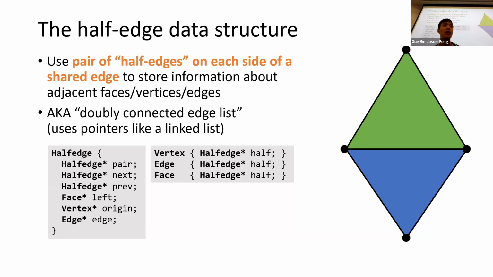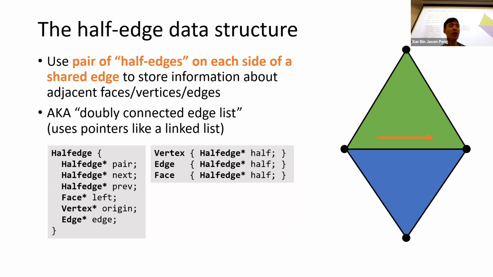So first, let's take this half-edge as our example. This half-edge is constructed by splitting the horizontal edge in two, and it is going to belong to the green triangle on top. Now, this half-edge is going to store a bunch of pointers to other entities in this mesh.